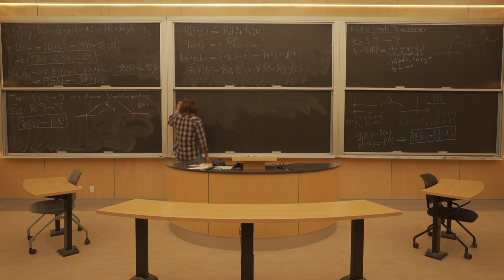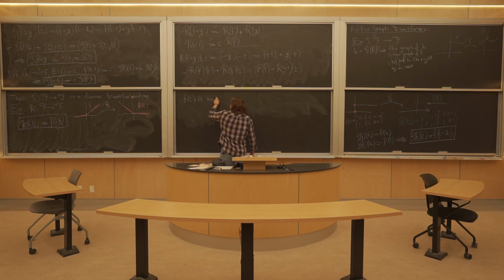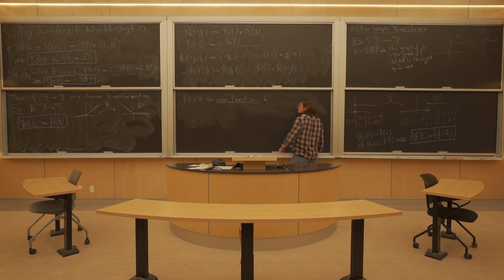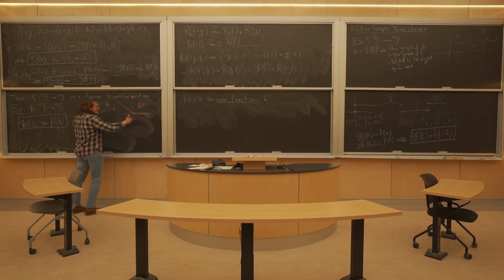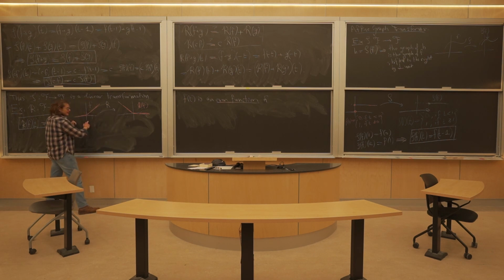So a function f of t is an even function if its graph is symmetric along this axis. That is to say, if I were to reflect it, I would get back the same function. In this case, this doesn't happen. I get back a different shape.